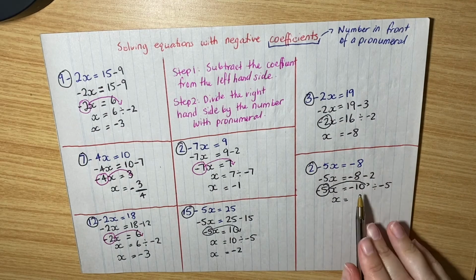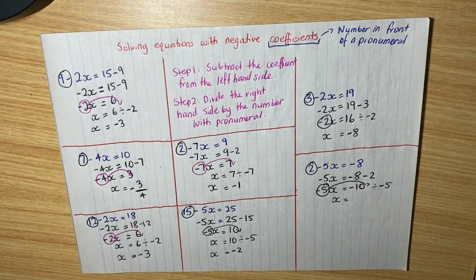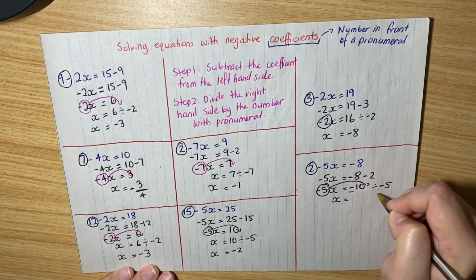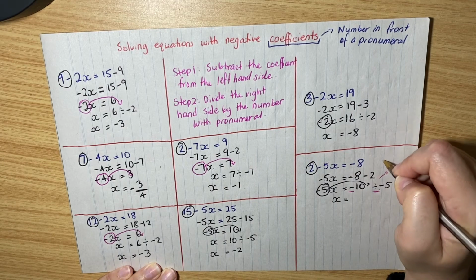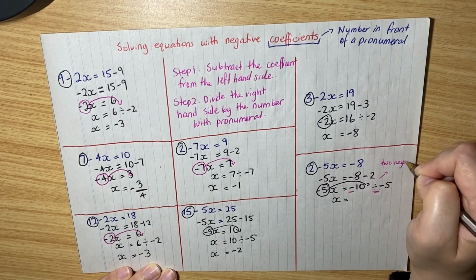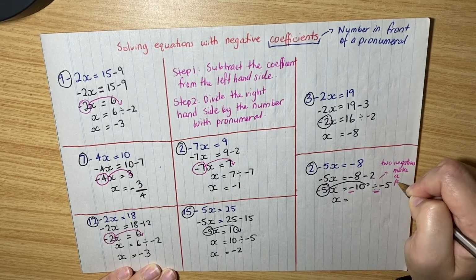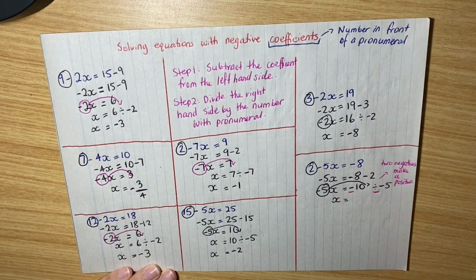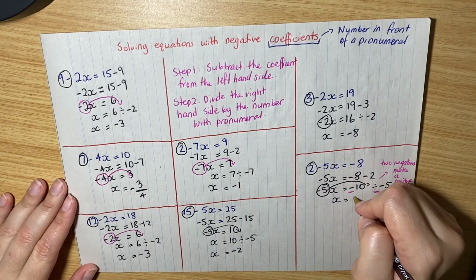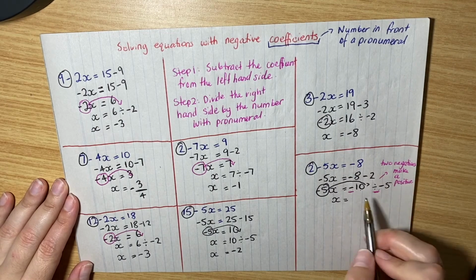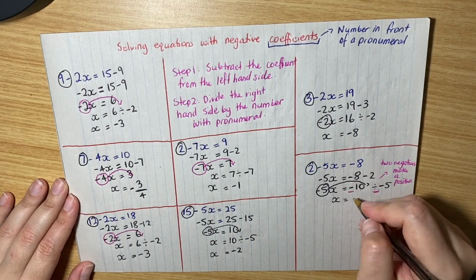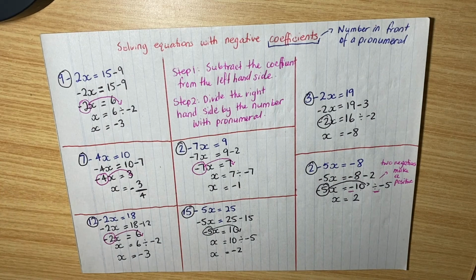Okay, now because we have two negatives here, two negatives make a positive, and so we end up with 2. So it'd be 10 divided by 5. So these cancel each other out. So 10 divided by 5 is 2. Okay, and that's how we do it.